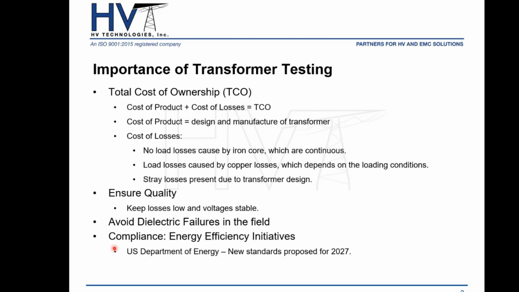And then we also have stray losses that are inherent to the transformer design. It is required for manufacturers to report these losses so that the customer is aware of how the transformer is designed and what they should expect when they are investing in transformers.